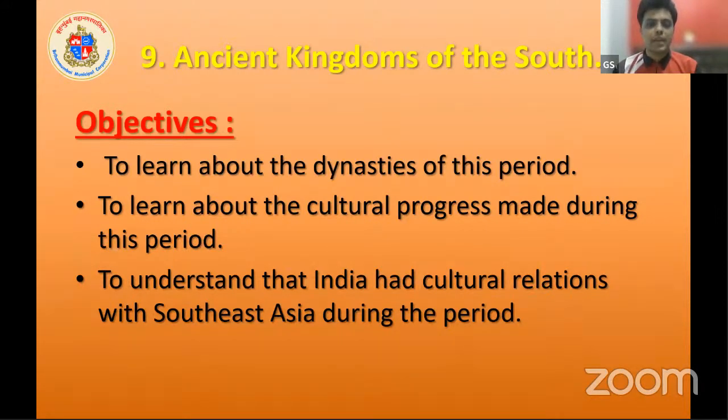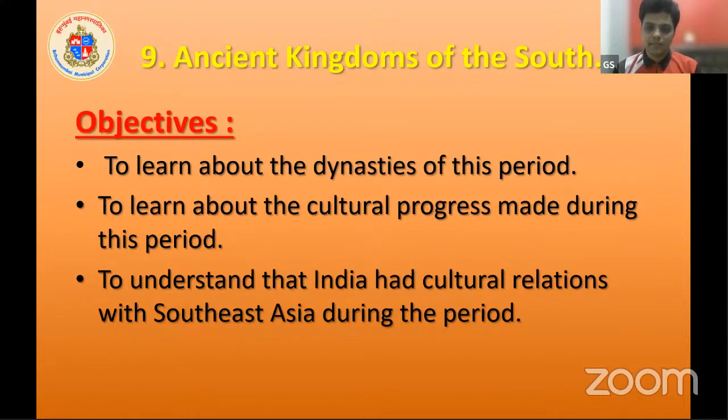We have also learned about the cultural progress made by the kings and their work in the field of art and literature. And the third objective was to understand India's cultural relations with Southeast Asia during this period.